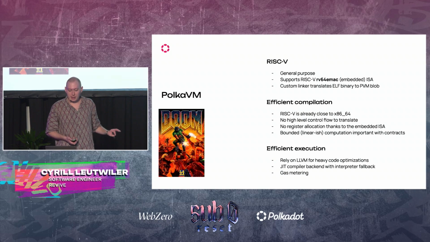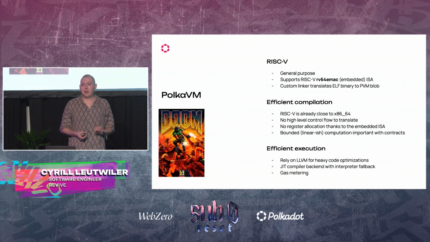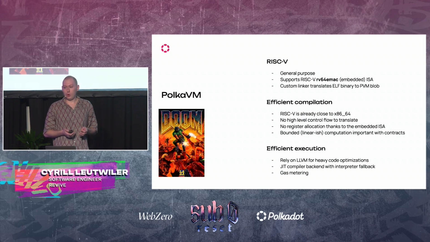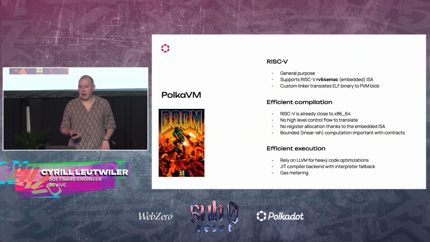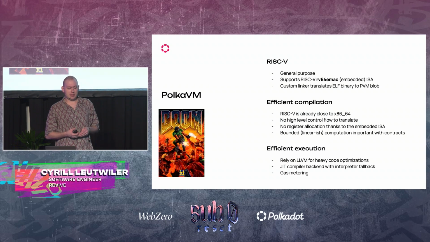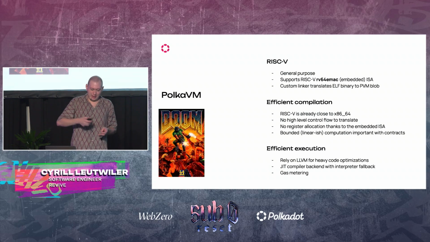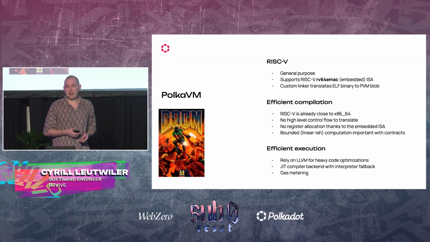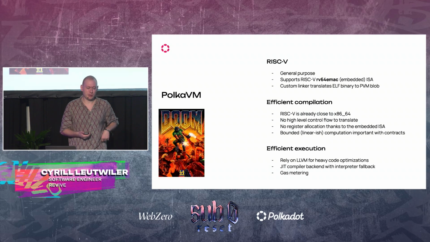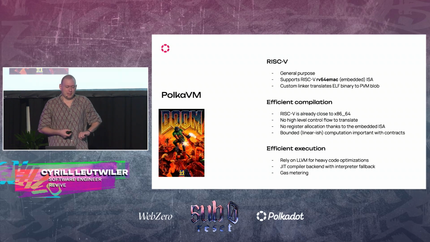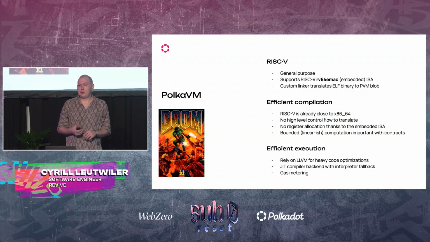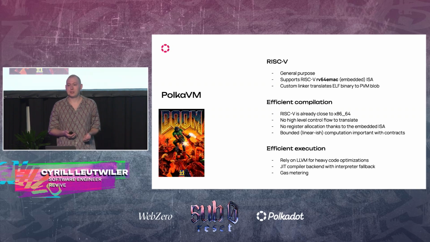This means, in practice, we can just rely on LLVM to do all the heavy lifting compiler optimizations, things like register allocation. In WebAssembly, for example, you even have high-level control flow you need to compile. This is not optimal if you need to do this on-chain because those algorithms are very, very costly.